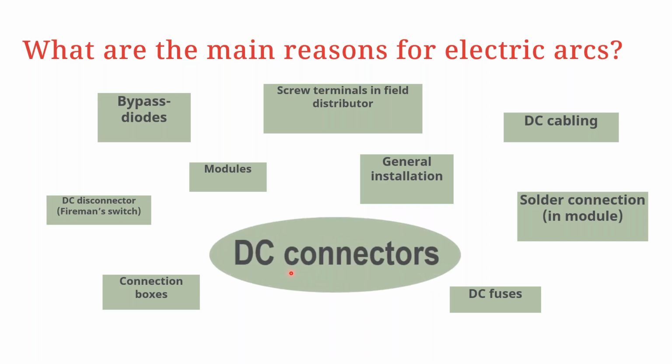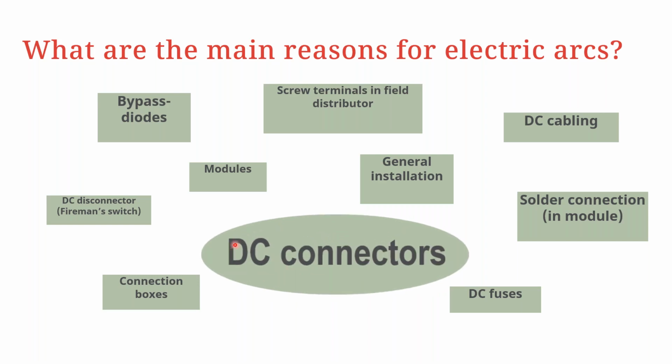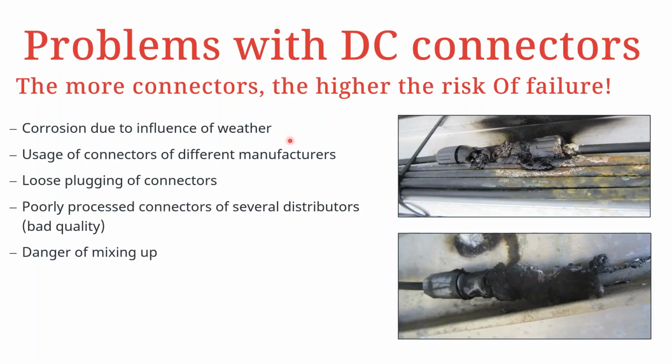To illustrate this further, there is also a study that was conducted, and the general conclusion of this study is that the more connectors you have in a system, the higher the risk of failure. These failures would result due to corrosion, which could be an influence of the weather. It could be the usage of connectors from different manufacturers, therefore meaning that there is some compatibility issue there.